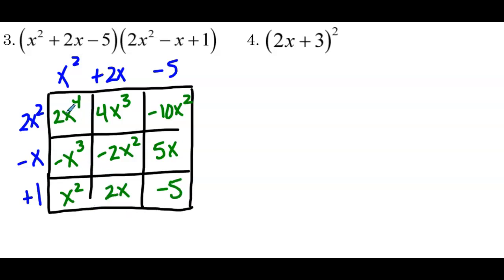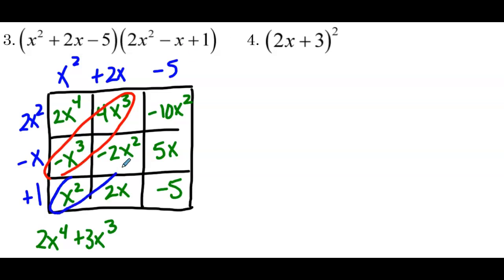And now we have to combine all our like terms. So that's going to give us 2x to the 4th. Let's see, there's our x cubed terms. I'll circle those. That's going to be plus 3x cubed. Then we have 3x squared terms.